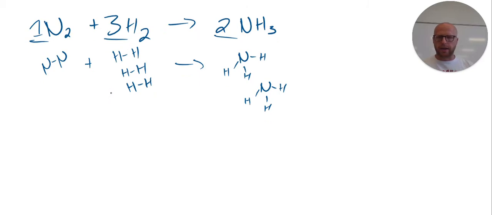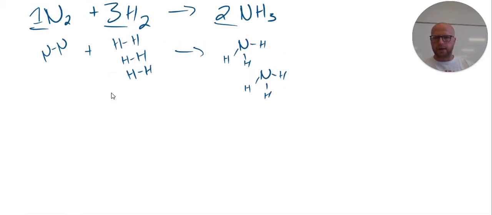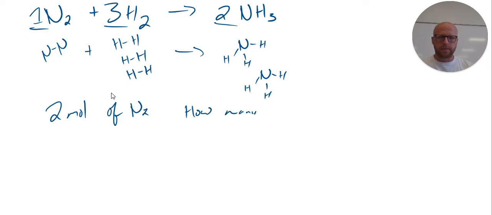So let's come down and do a stoichiometry conversion here. Let's say, what if instead of 1 mole of nitrogen, I started with 2 moles of N2? How many moles of NH3 could I produce?